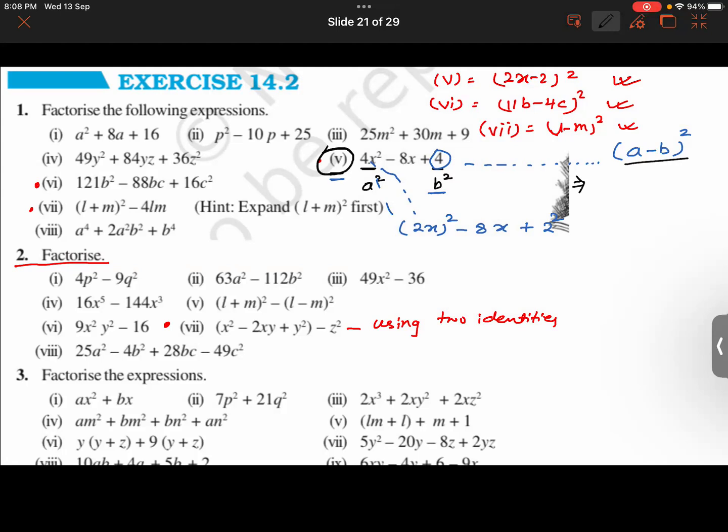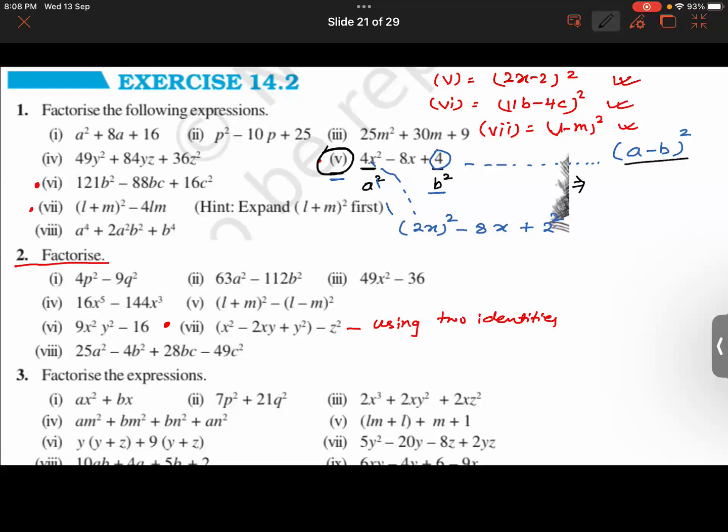Okay, let Ahmed try for a minute. You remember algebraic expressions and identities? Yes, I do remember that chapter. So we talked about identities also, no? A plus b whole square, a minus b whole square.